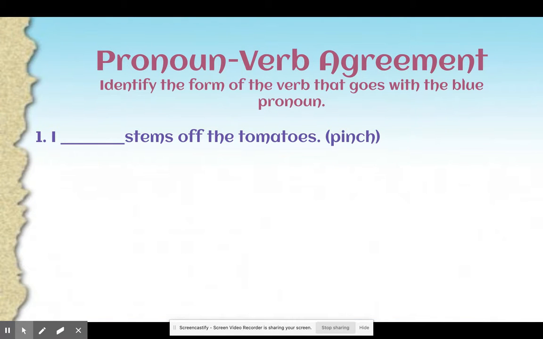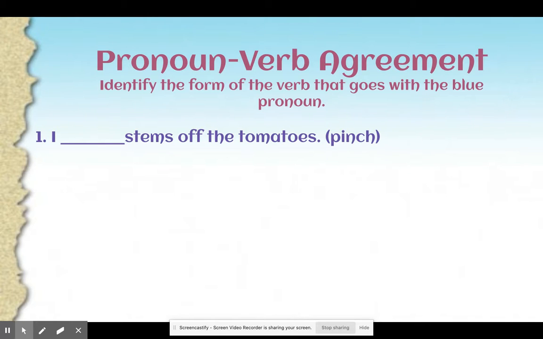All right, let's practice some together. You are going to be adding the correct verb to complete the sentence. You need to have the correct tense. And remember our rules. If the word ends in S, SH, CH, X, Z, you're going to have to add ES.